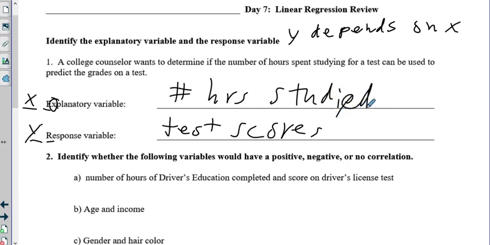Okay? The test scores are dependent on how many hours you study. Theoretically. Yes, you can study and still do poorly, but generally, the more you study, the better you do. So the response, test scores, depends on the explanatory hours studied.